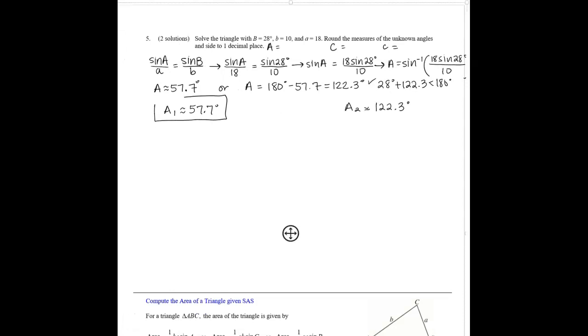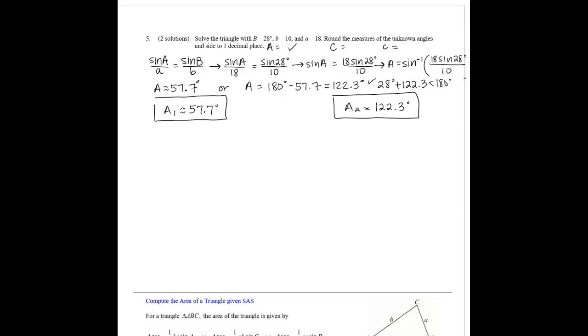The capital A that we're looking for has two options. One that I'll call capital A1, where capital A is 57.7 degrees, and another that I'll call capital A2, where capital A is 122.3 degrees.